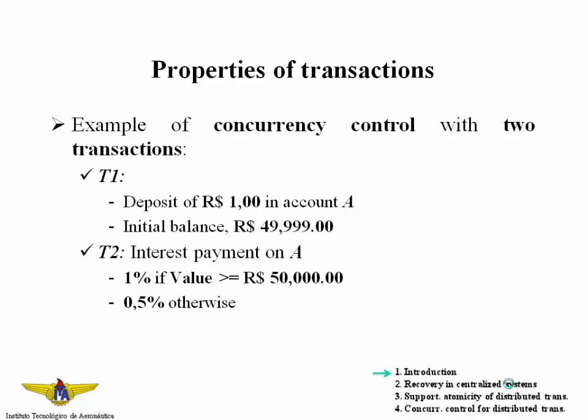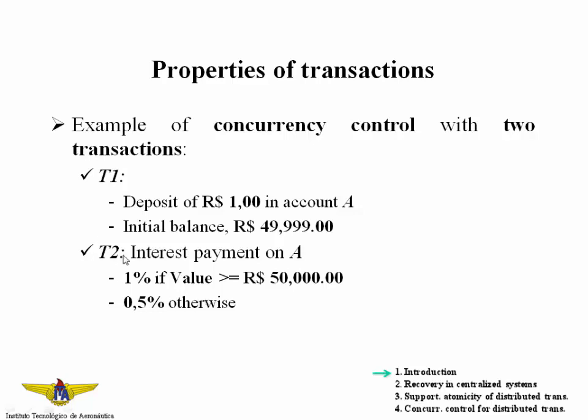Let's see this example. We have a transaction T1, which is a deposit of, for instance, R$1 on account A. The initial balance for this account is R$49,999.